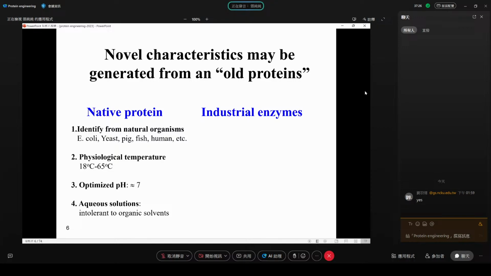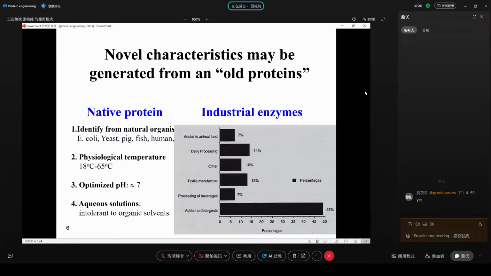But look at all the industrial enzymes or proteins that you need to add into animal feed, dairy processing, fermentation, textile manufacture, or even to make beer, or to add into detergent. 50% of the enzymes are applied in detergent, in your laundry detergent.